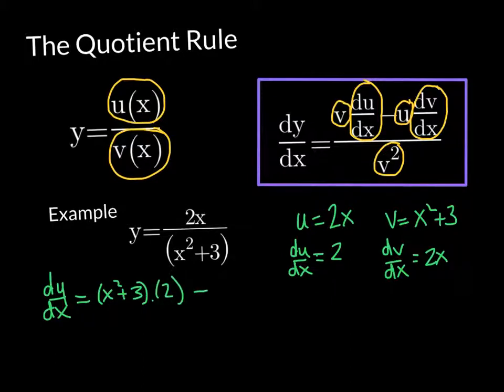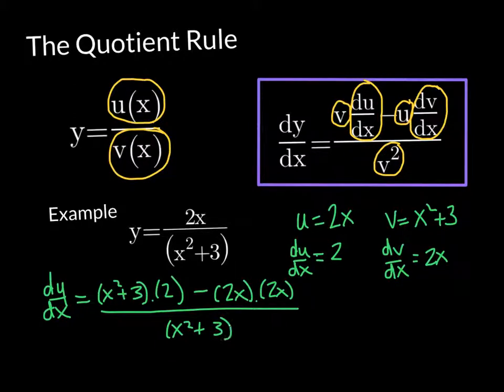From that we minus the top expression, which is 2x, multiplied by the differential of the bottom expression, dv by dx, which is also 2x. And then we divide that whole expression through by the bottom expression, x squared plus 3, all squared.